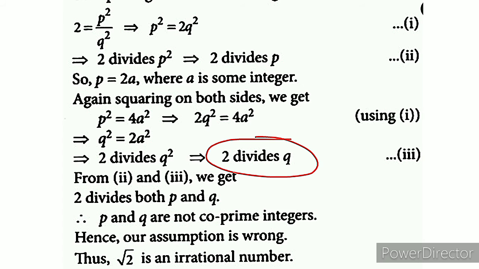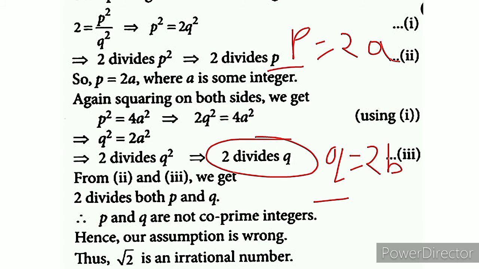So we were here, and since q is a multiple of 2, we can write q equal to 2b, and here we have written p equal to 2a. In the initial part, we assumed that both p and q are coprimes.